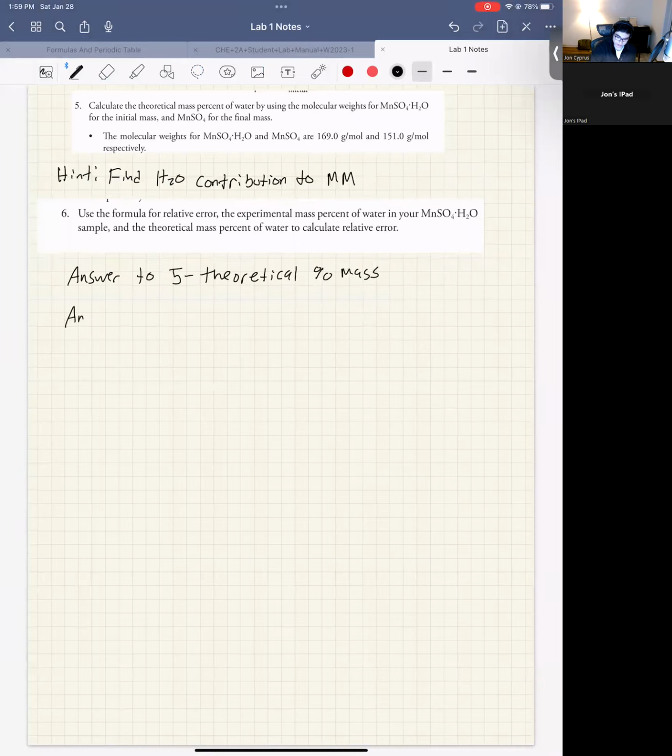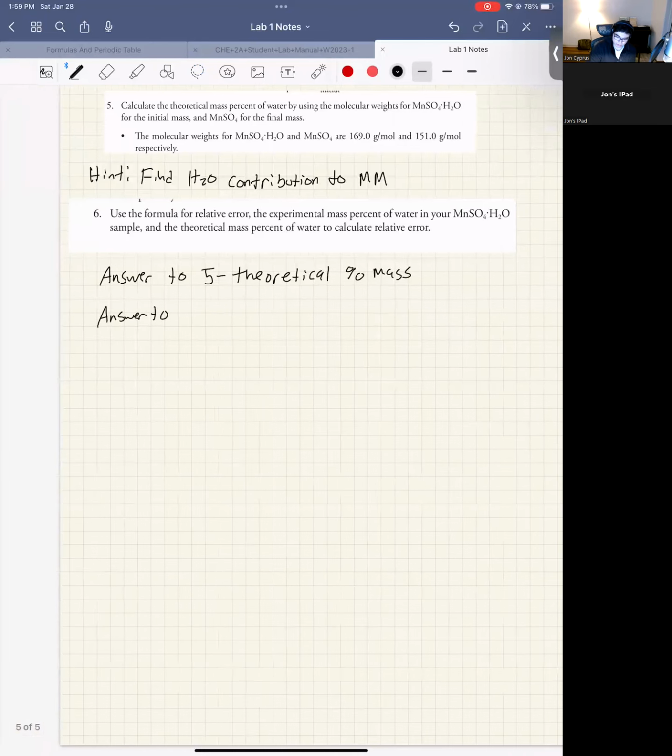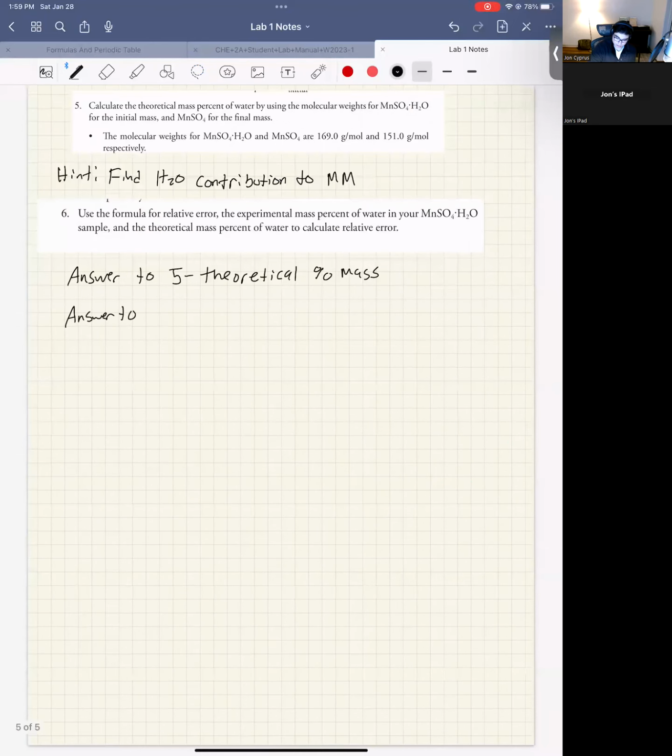And then your answer to, I believe it was 4, is your experimental percent mass.